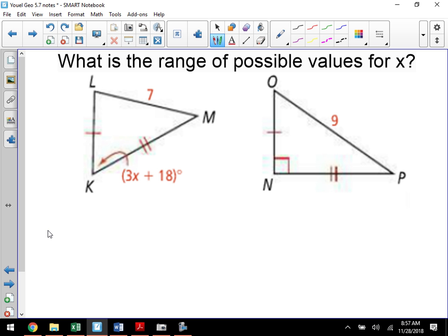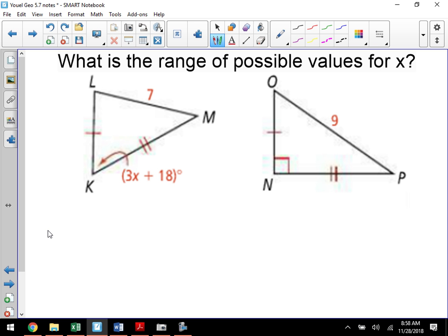Same idea. Let's find the possible range of values for x. First of all, what angle has to be bigger?